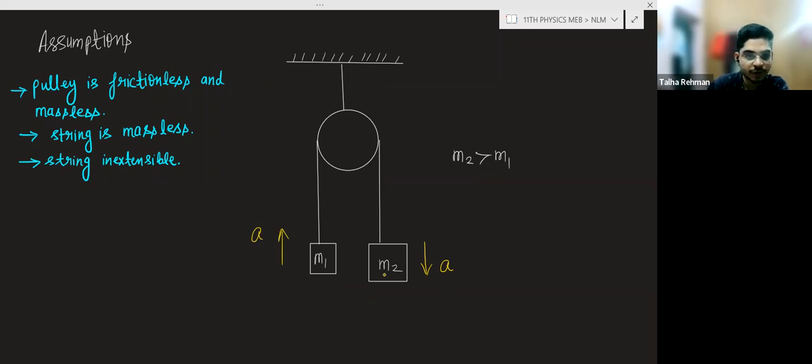How will we draw the free body diagram? This is your mass m1. I have told you, first we will consider this mass m1 as a point mass.